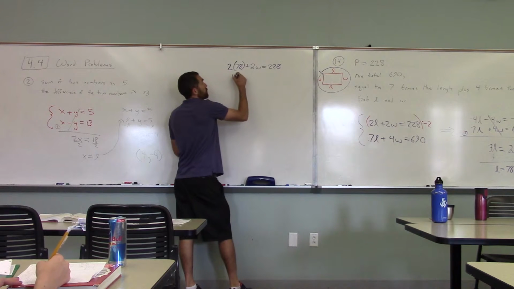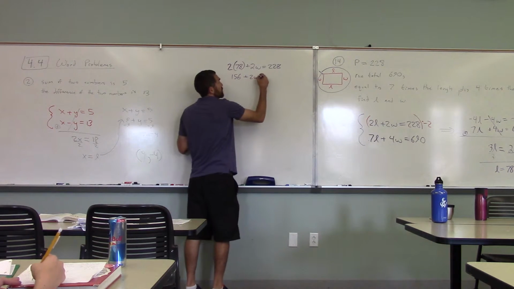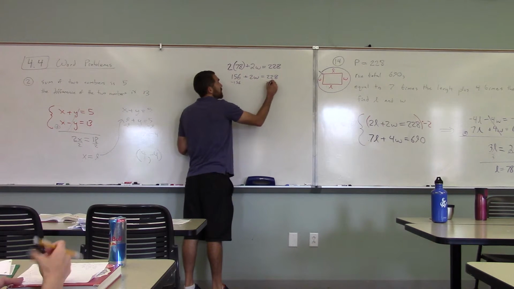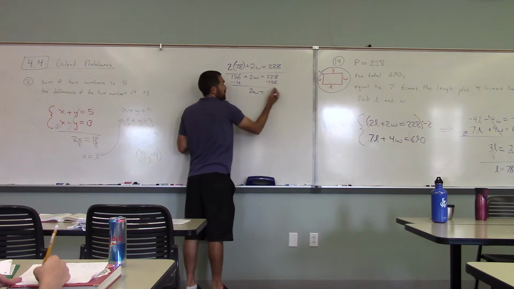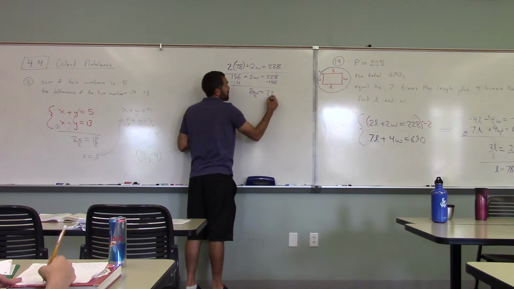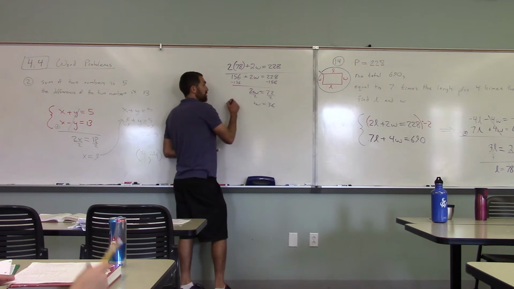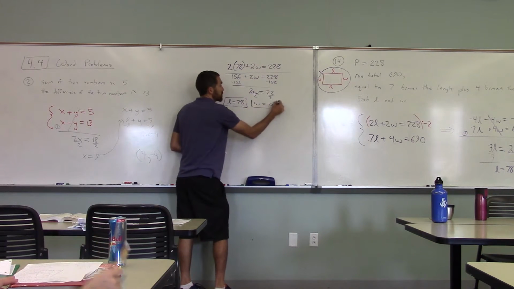So 156 plus 2W equals 228. Subtracting 156, I get 2W equals 72. Divide by 2, divide by 2, W is 36. So there's a two-part answer. You have L equals 78 and W equals 36.